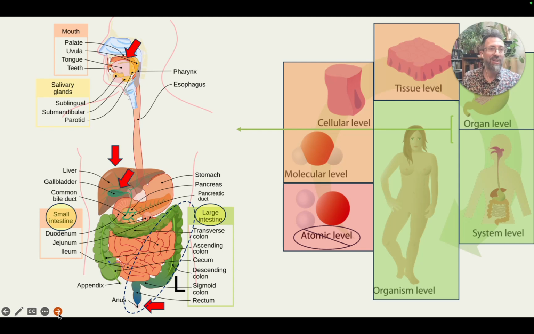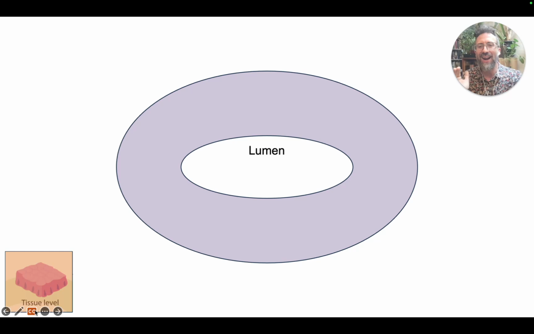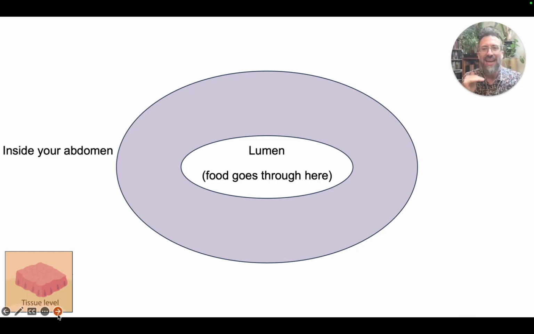Okay, and then we're going to talk about how things affect you at the organism level as well. So I'm going to spend the next few slides talking about how we get affected at some of these different levels. So, okay, we're going to talk about things on the tissue level by kind of starting at an organ level. So if this is the intestines, okay, the part in the middle that food goes through is called the lumen. That's just the term for the inside of the intestinal tract. And so food goes through the lumen, and in this illustration out here is outside of the intestines, in your abdominal cavity.